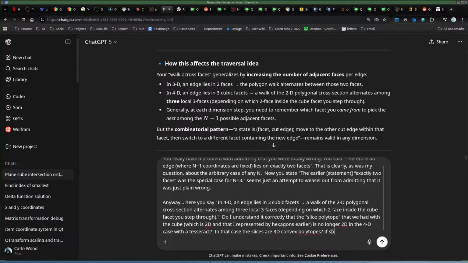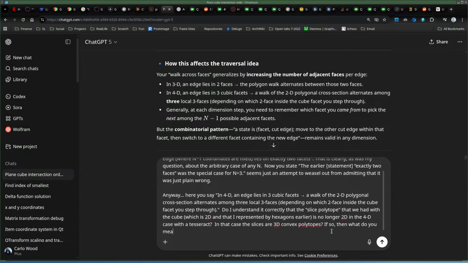So if so, then what do you mean with "2D polygonal cross-section"?